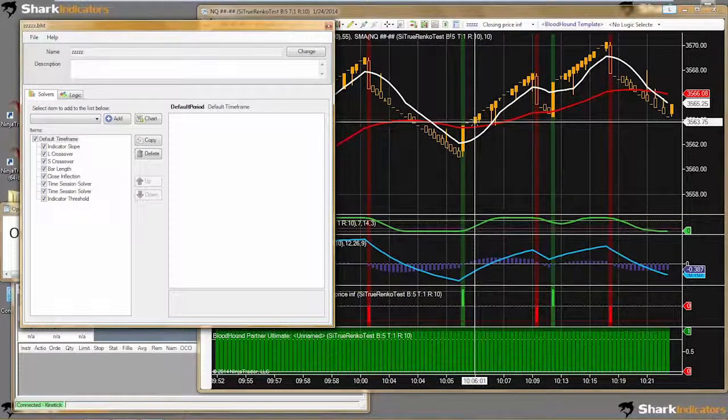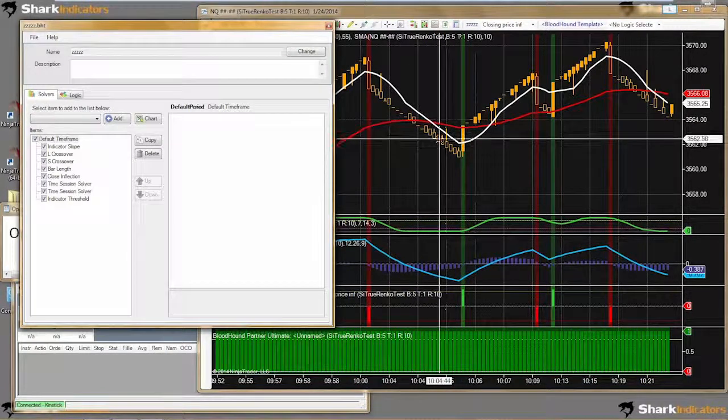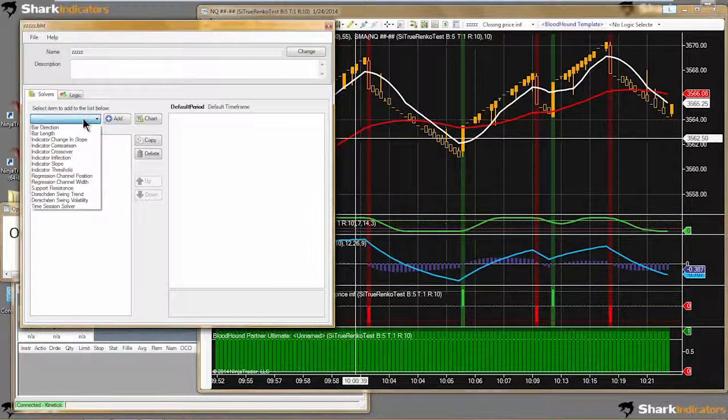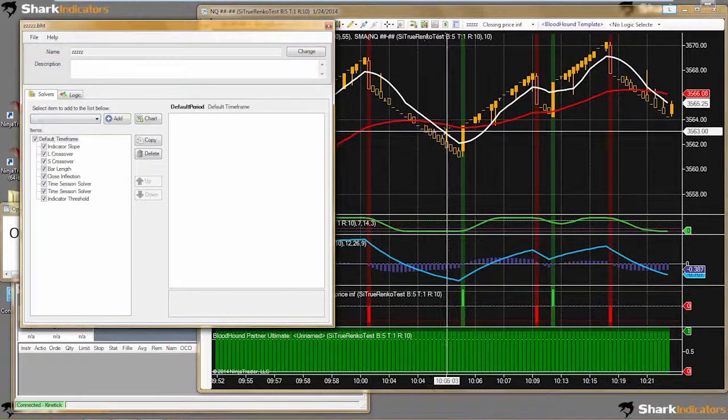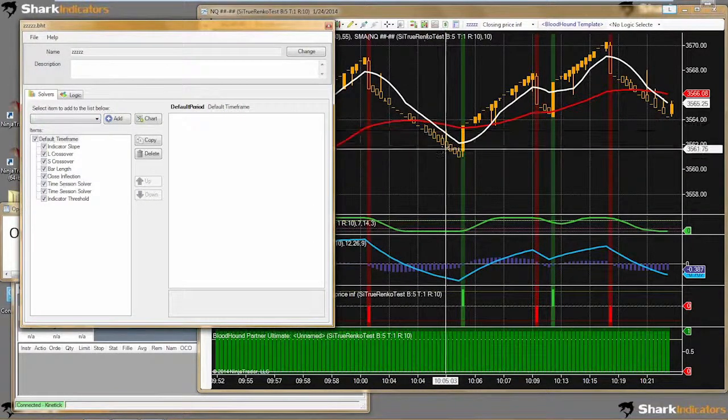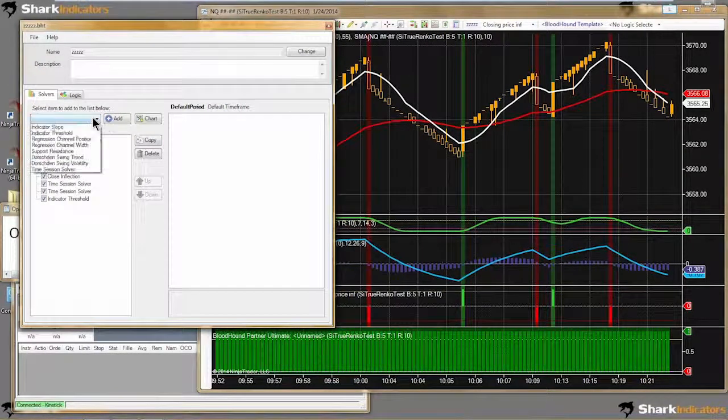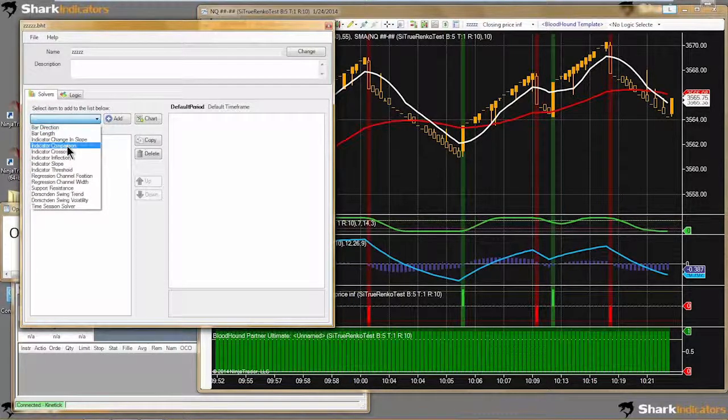If it is, then provide a long signal. If the close is below the open, a short signal. That's a very simple calculation. Takes no resources at all. Bar length, once again, is a very simple math calculation. It just subtracts the low of the bar from the high of the bar. So all these solvers are doing fairly simple things.